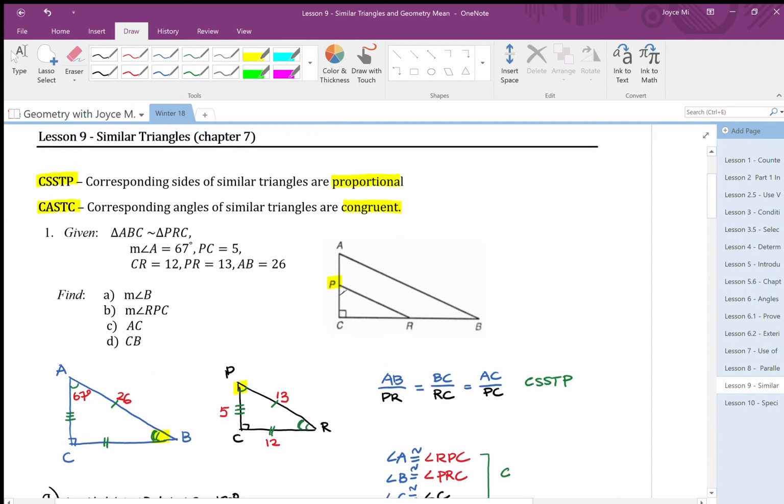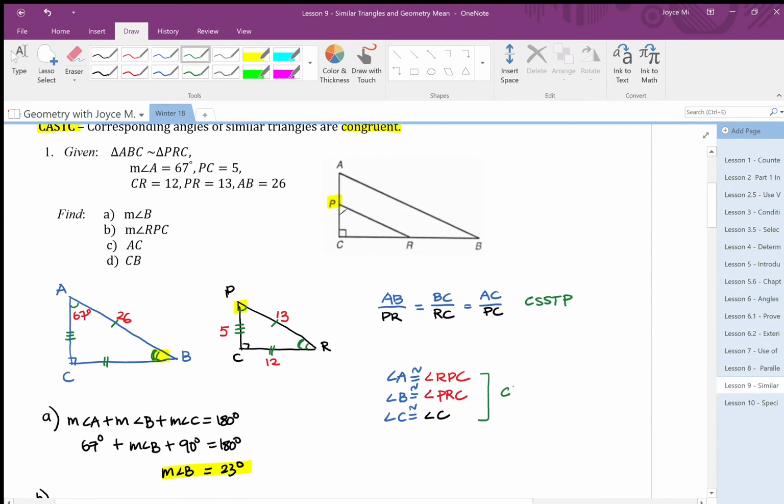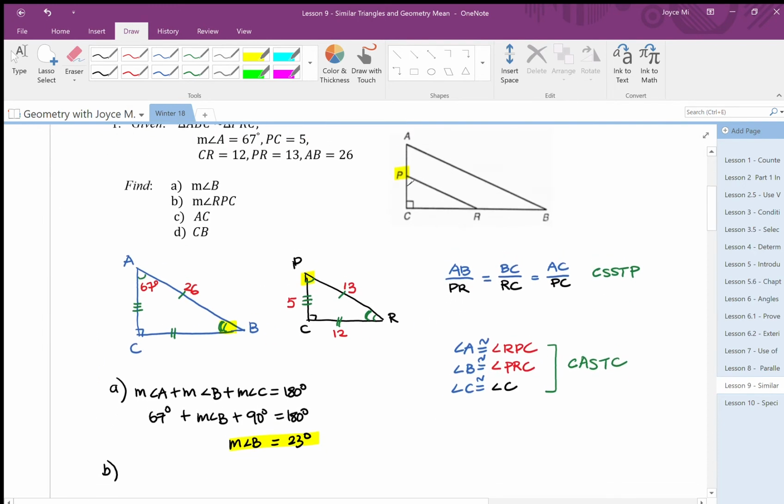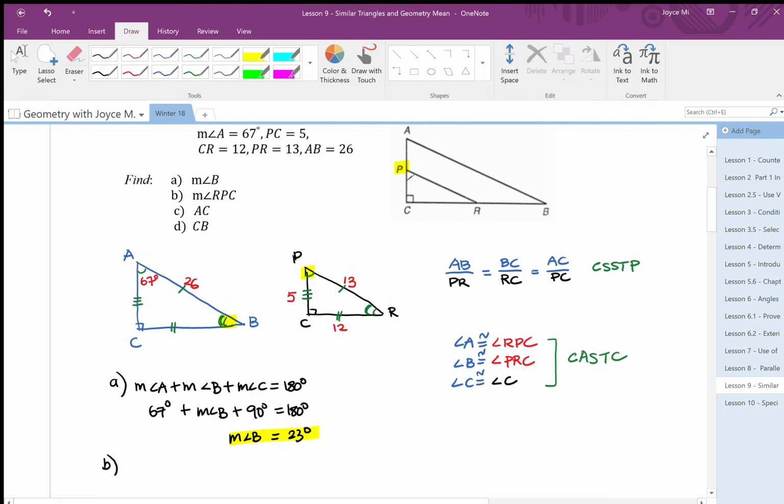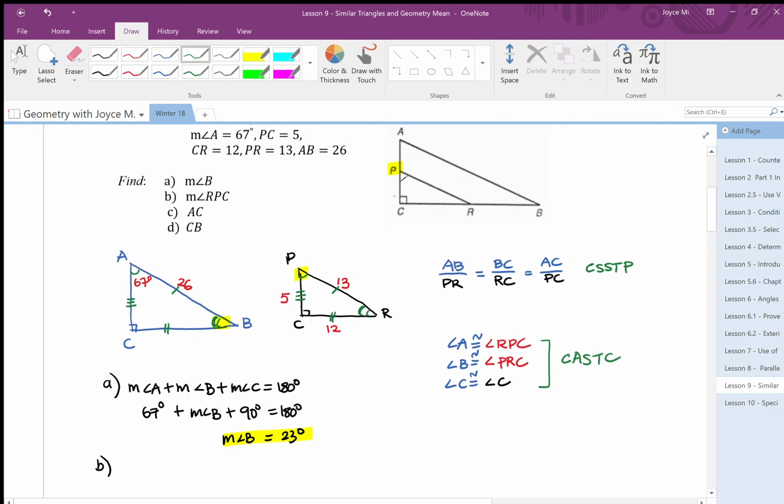So corresponding angles of similar triangles are congruent. That's the abbreviation for it. Now let's come back to the question. RPC refers to this angle here.